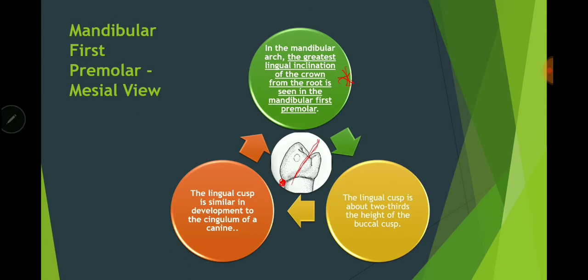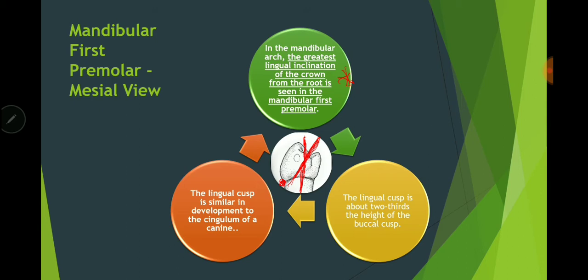You are trying to be parallel to the occlusal surface, but if you go in like that, you're going to cause a perforation. So you have to make sure that you go into the crown, and then once you're inside, your access is going to come this way. You have to change so you don't cause perforation. That's very high-yield material. So make sure that you know that the mandibular first premolar has the greatest lingual inclination of the crown from the root.